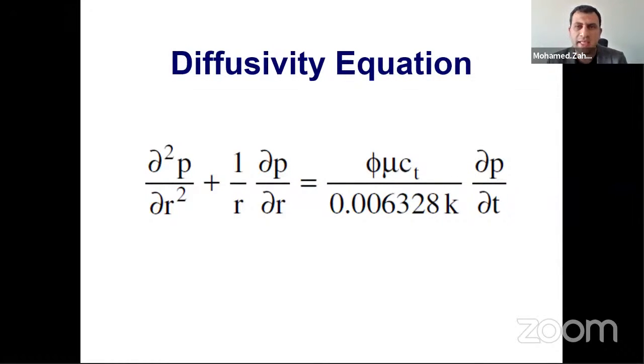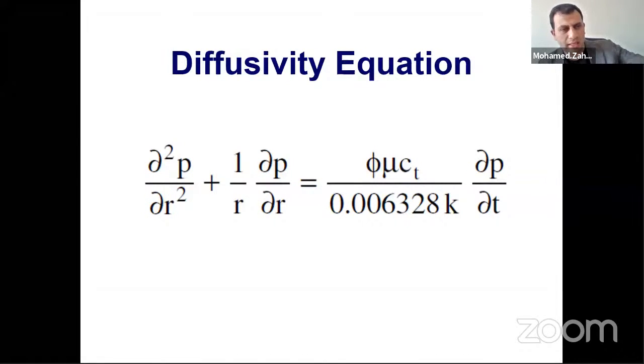This is the most important equation which you have in reservoir engineering. I can't even tell you of a more sophisticated equation than that in oil and gas. If you know this and are quite familiar with it, you are quite familiar with reservoir engineering. This equation is quite important because it gives a relationship between pressure and distance.